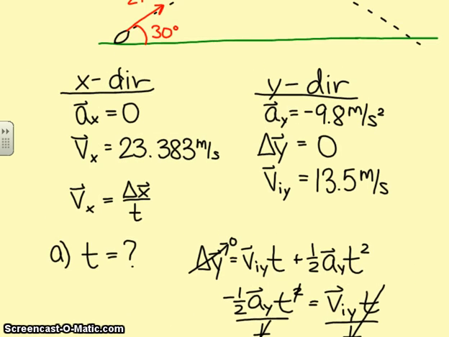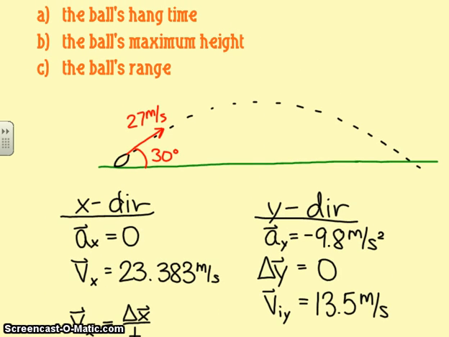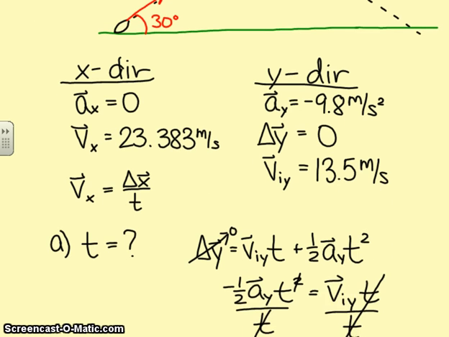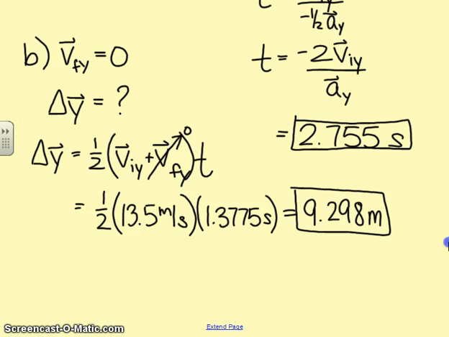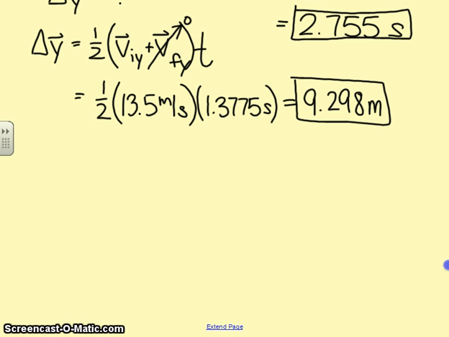Finally, on part C, we're asked, what is the ball's range? Range is another word for how far does it go? What is the x displacement? As we learned earlier, there is only one x direction equation, and that is that the velocity in the x direction is the displacement in the x direction divided by time. So we're going to use that equation and solve for x displacement.